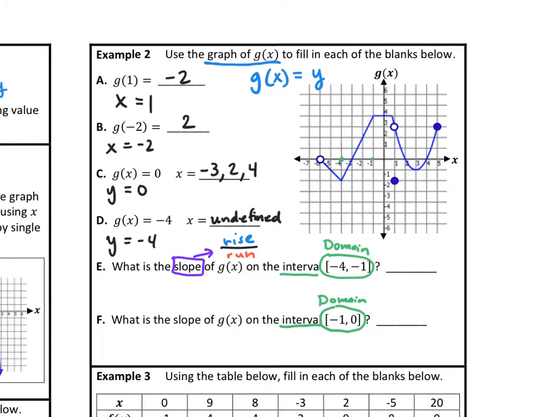And remember, when I'm thinking about domain, thinking about this idea of scanning from left to right. And so I want to scan between -4 and -1. And so what part of the graph am I focusing on? Well, let me highlight it in purple. This part right here. So between -4 and -1. That's the piece of the graph that I'm interested in. Okay.